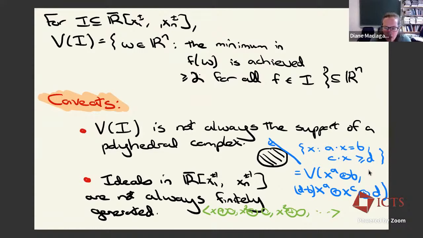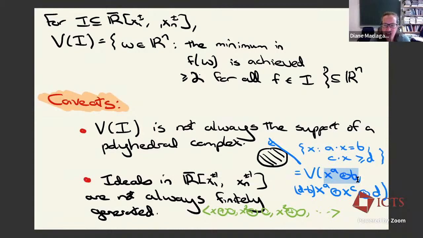Now this is the variety of the following two polynomials. If I take the ideal generated by x to the a tropical plus b, and d minus b tropical times x to the a tropical plus x to the c tropical plus d, and I ask what is the variety of this? Well, the minimum must be achieved at least twice in x to the a plus b as a function.